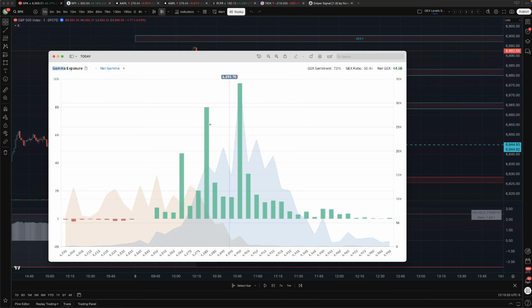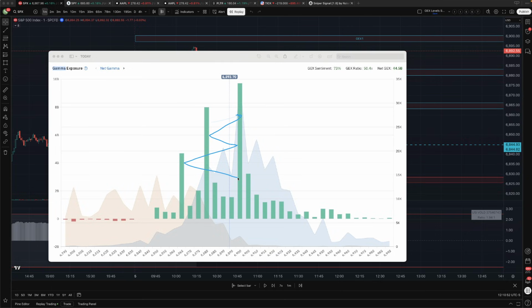So to me, we would come up into that level, and most likely that would be the high for the day. Now, things can always change and shift, and the market can do what it's going to do. But based on this information, I thought, okay, now we're probably going to drift towards this highest level, and when we get there, we might do this, but if we get below that, we might do this.